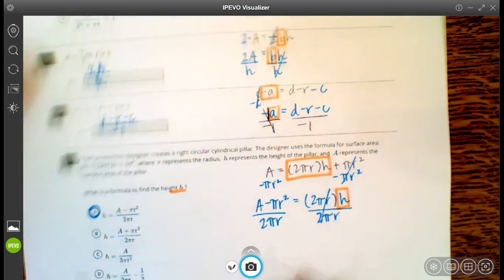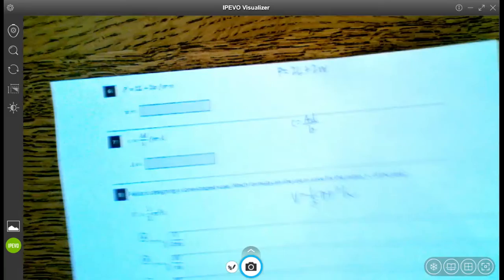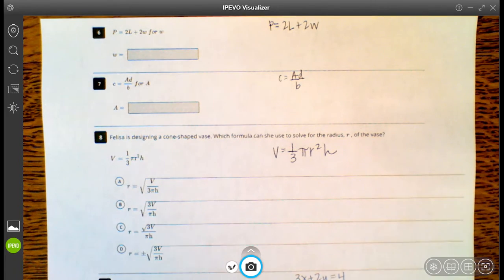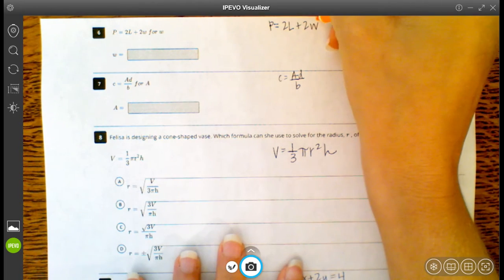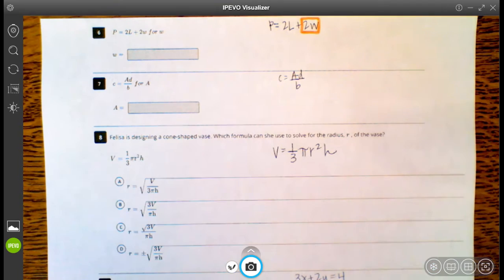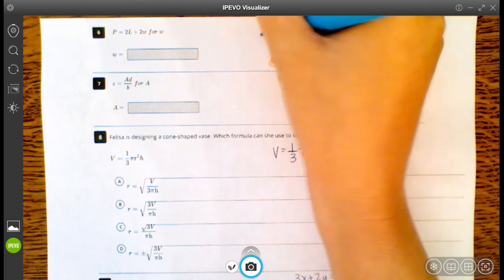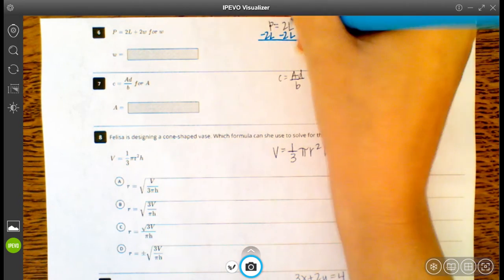All right, let's move on to number 6, 7, and 8 from the same assignment. Okie dokie. Taking a look at number 6, we are trying to solve for w. But w has a 2 attached to it. So we're going to attach them together. And instead of adding 2l, we are going to subtract 2l from both sides.